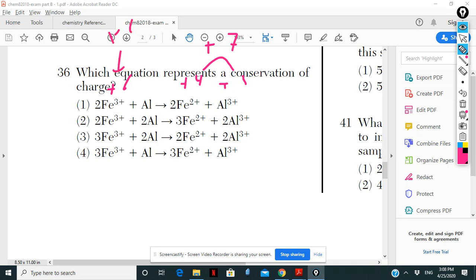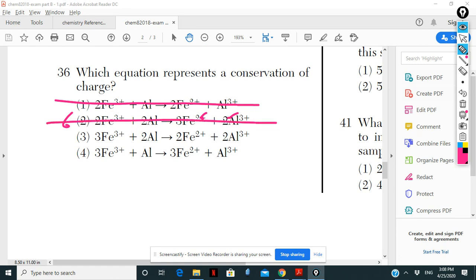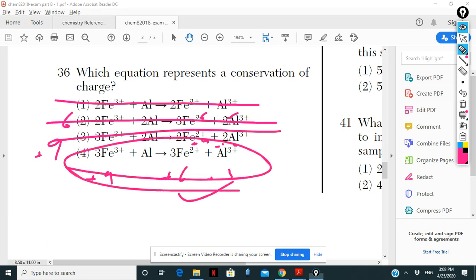So this one is incorrect. Now for the second one, I have 6 and 6, 12, which is incorrect. I have here positive 9 and here positive 4 and positive 6, which is incorrect. I have here positive 9, positive 6, positive 3. So the correct answer is going to be number 4.